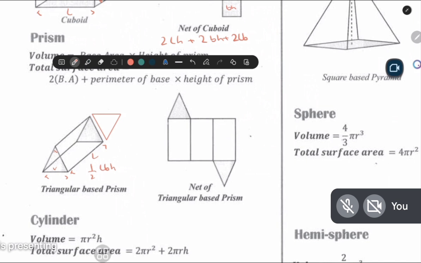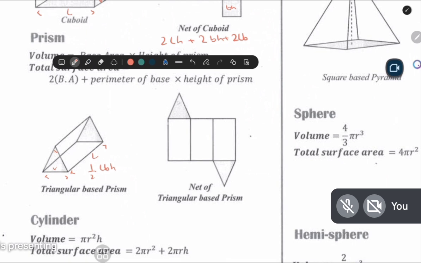Which has a similar formula to a rectangle.